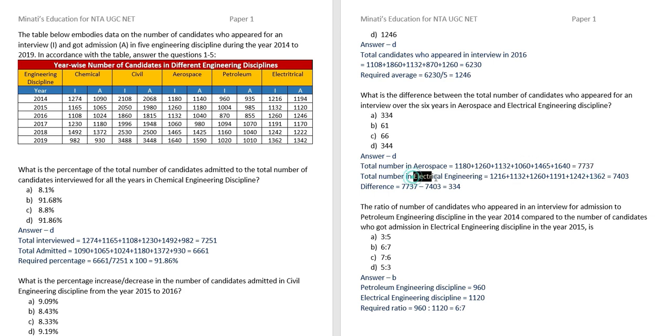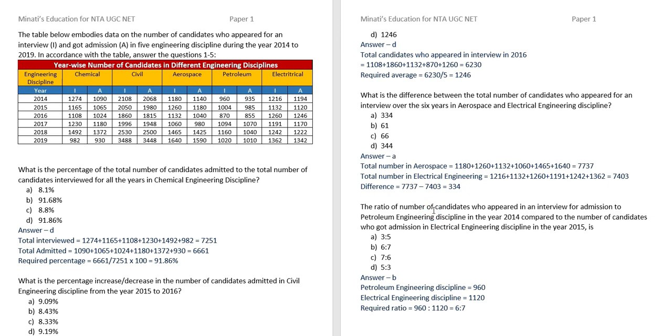Total for electrical engineering, you will get 7403. So what is the difference? 7737 minus 7403, you will get 334. That is option A, so option A will be the answer.